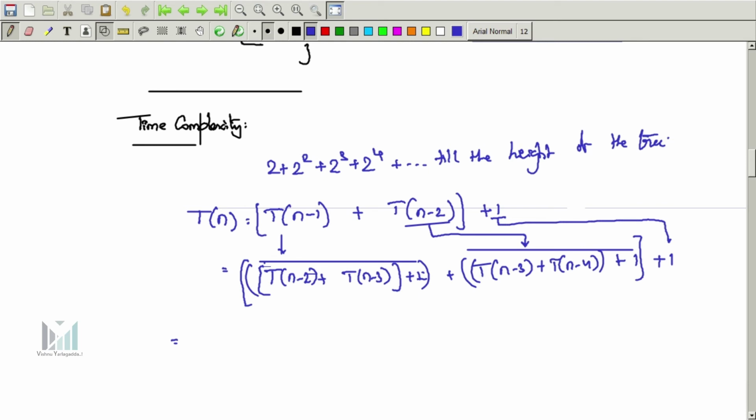Now from this what we can write, which is equivalent to T of n minus 2 plus 2T of n minus 3 plus T of n minus 4 plus 3. Fine.